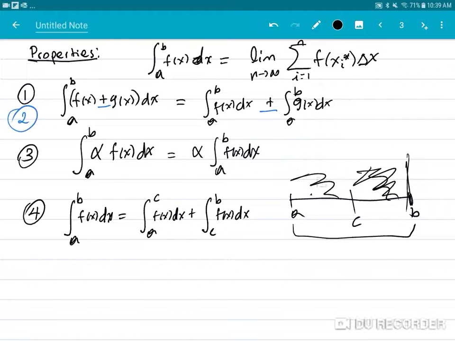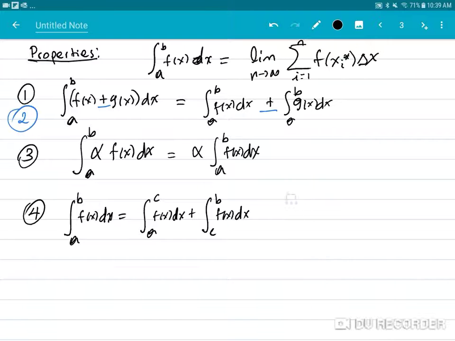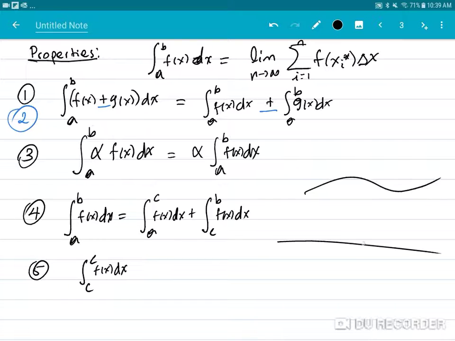The next property is what happens if you want to integrate from some point, let's call it c, from c to c of f of x dx. What happens if you have the function, you have a point c, and you want to find the integral from c to c?